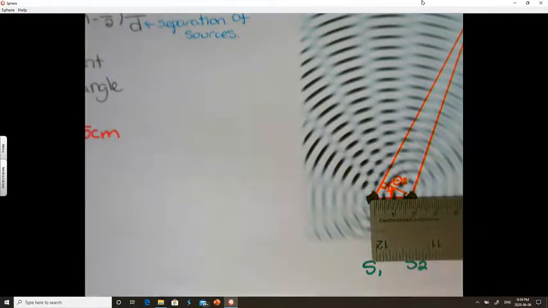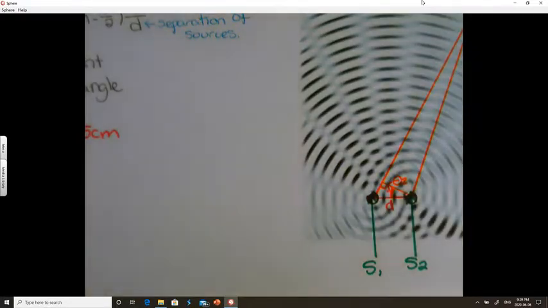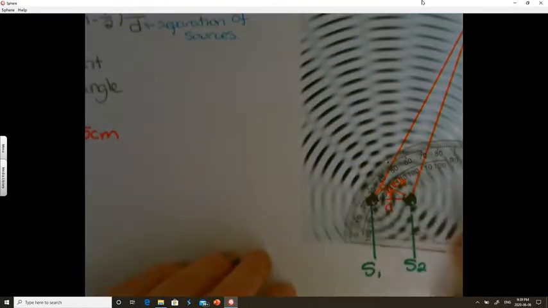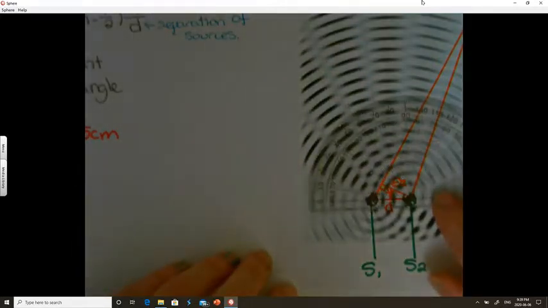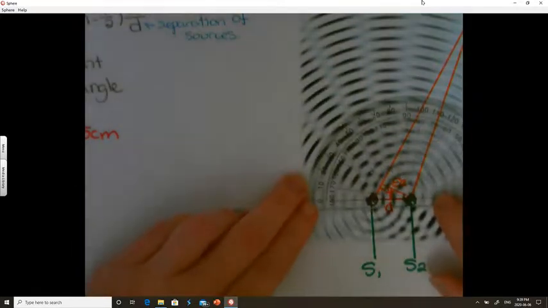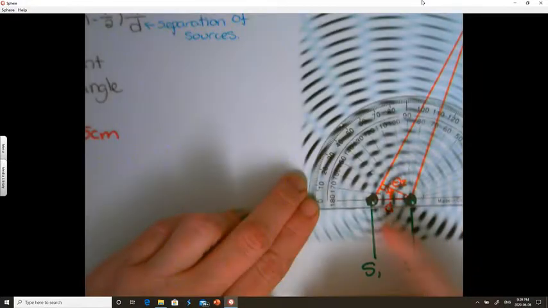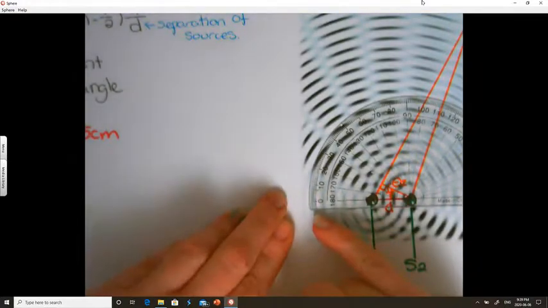And we're going to measure our angle. I've lined up the center with that line that has d on it. It reaches 0 along the outside numbers, so I'm using those outside numbers to make my measurements.